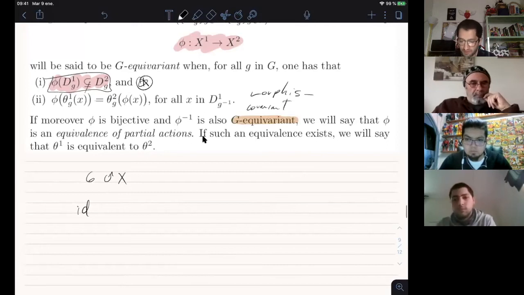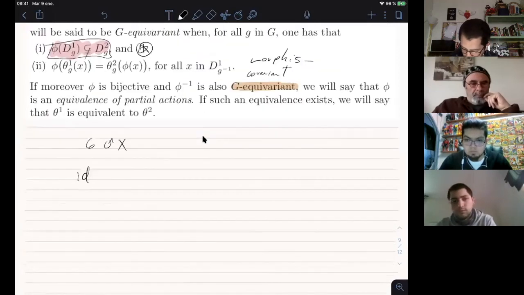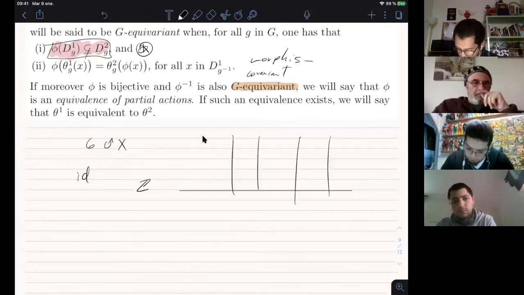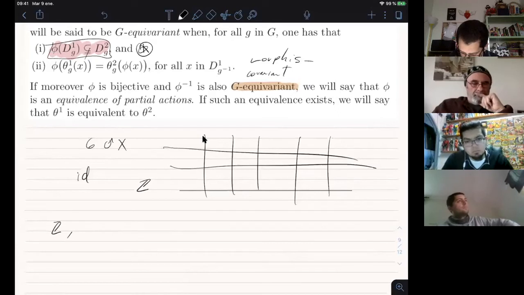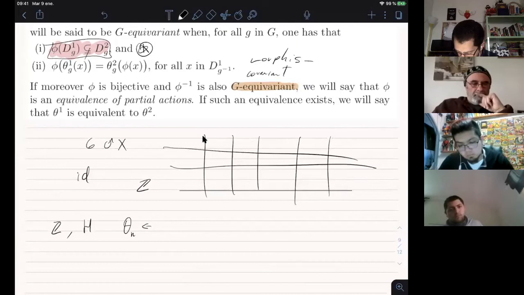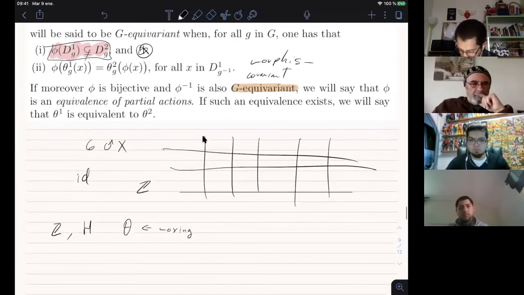For example, if we take the group Z in the half plane H, we can take the partial action of Z on this space, let's call it theta_n, which is going to be moving two units up.